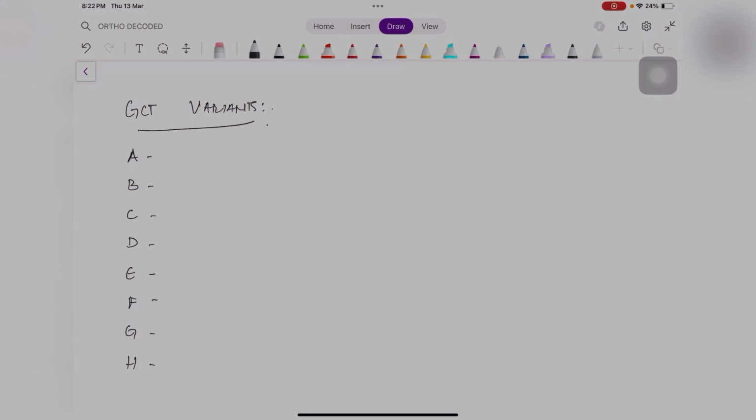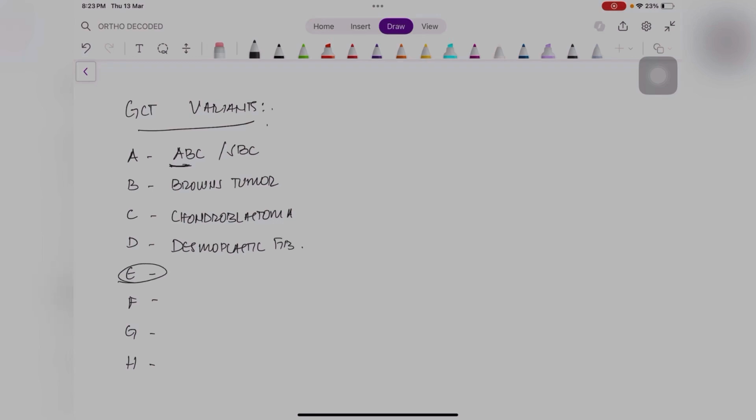ABC is your ABC and SBC. Aneurysmal bone cyst or simple bone cyst is the closest variant of your GCT. Then you have B for Brown's tumor, C for chondroblastoma, D for desmoplastic fibroma.